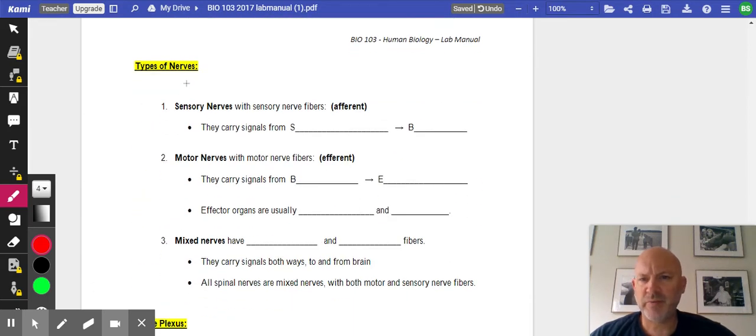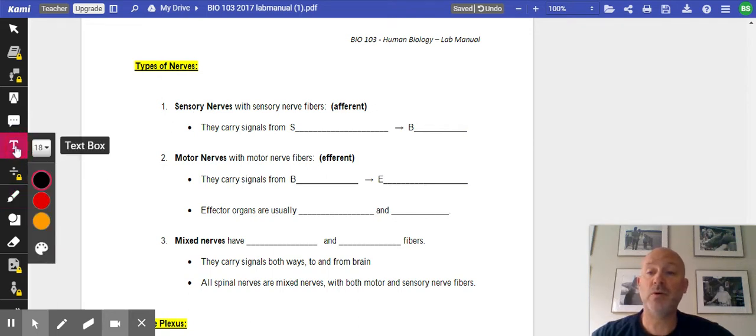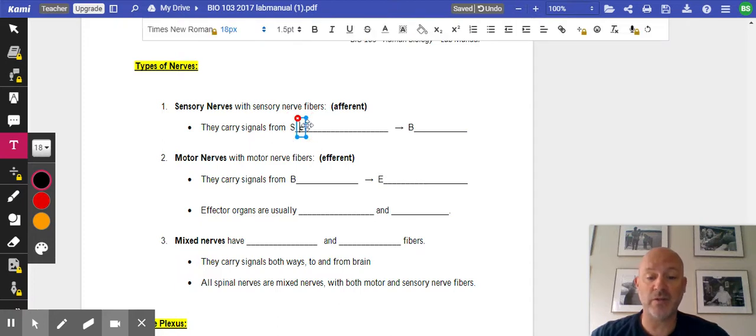So sensory nerves, remember there's different types of nerves. There's nerves that are afferent and there's nerves that are efferent. The afferent nerves bring things in. So sensory nerves carry signals from the sense organs to the brain.